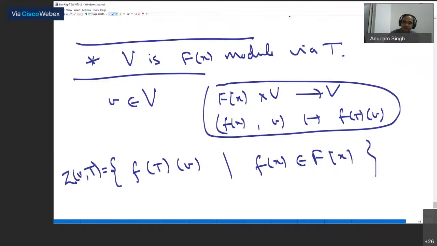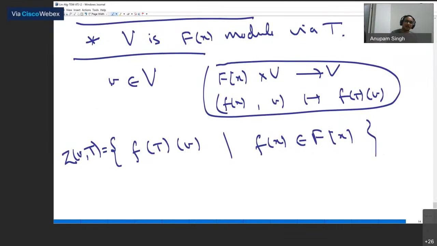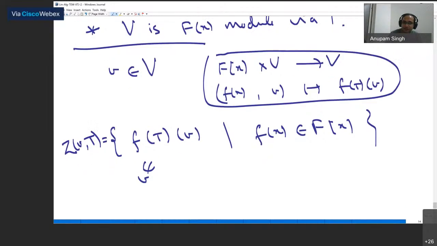If you take the zero vector, you will get only zero. If you take a non-zero vector v, certainly I have v in this set, because of course I have the constant polynomials, and then I have other polynomials, and I apply them one by one. I take f(T) of v, and then I just evaluate on all possible f.